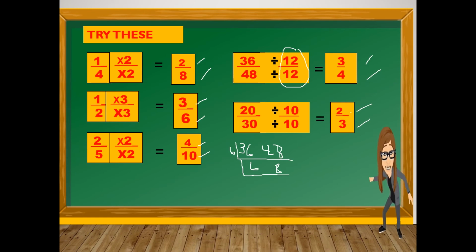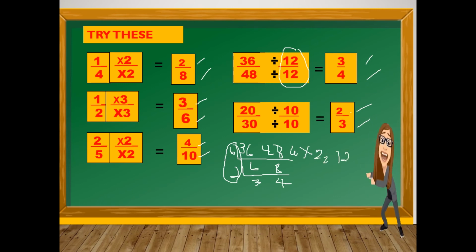Then we can still get the common factor for 6 and 8, that is 2. 6 divided by 2 is 3, and 8 divided by 2 is 4. So the GCF is 6 and 2. So 6 times 2 is 12. So that's why we use 12 as the divisor here.